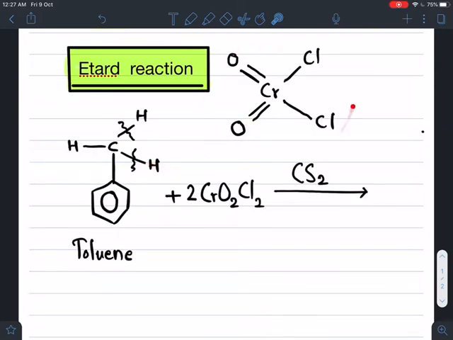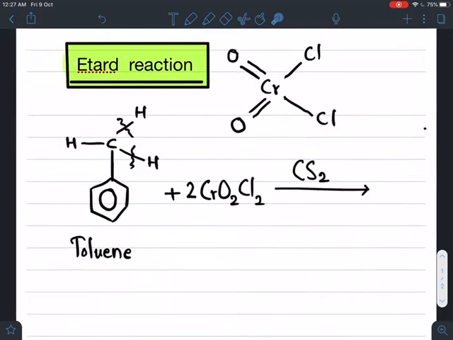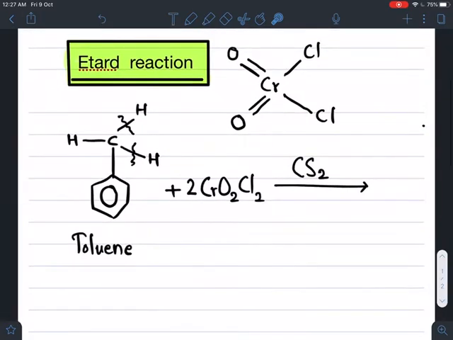So here 2 molecules of chromyl chloride are present, and in that this hydrogen is shifted onto one oxygen of CrO2Cl2. And how the intermediate chromium complex is formed, let's see.